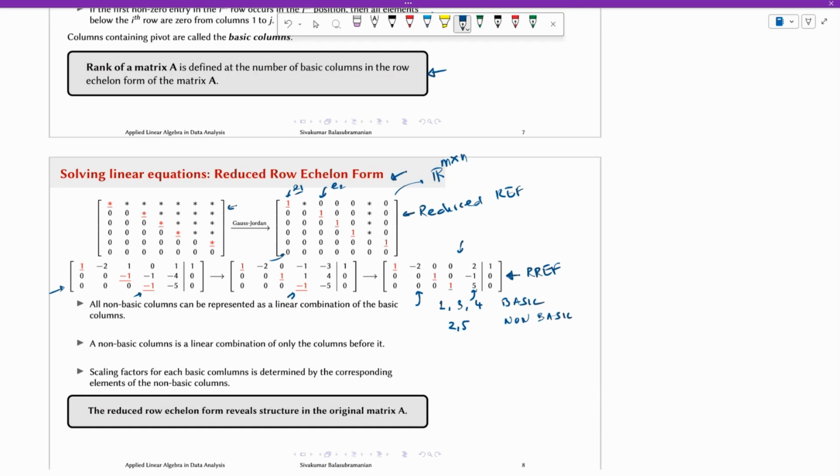In fact, the even more incredible thing is that this is true not just for the reduced row echelon form. If you go to the original matrix, here the second column is minus 2 times column 1. Column 5 is 2 times column 1 minus 1 times column 3 plus... Just remember this.